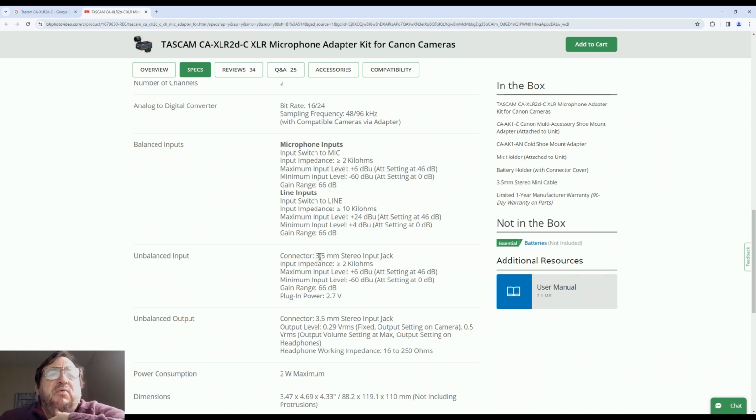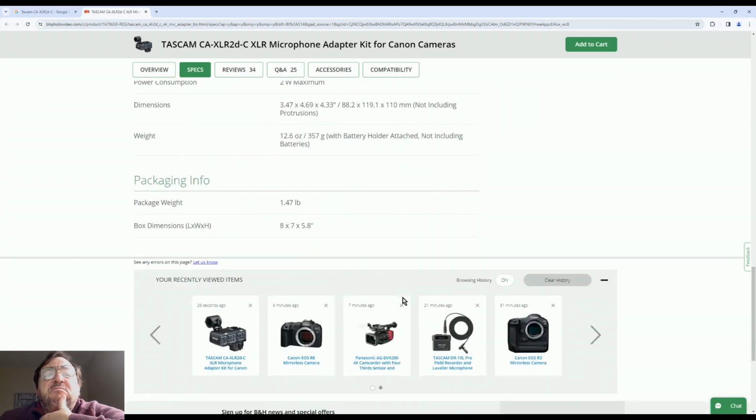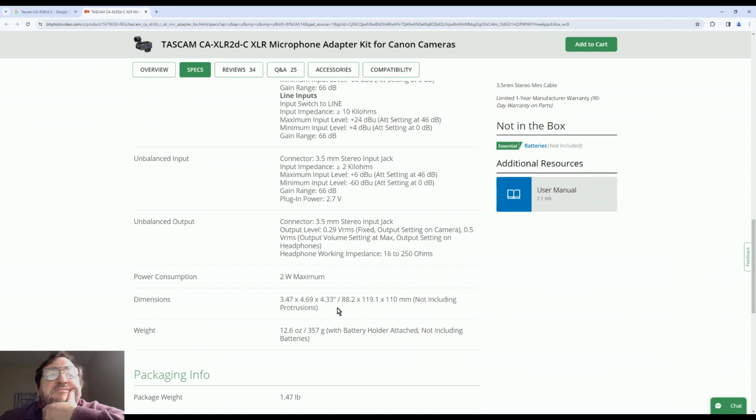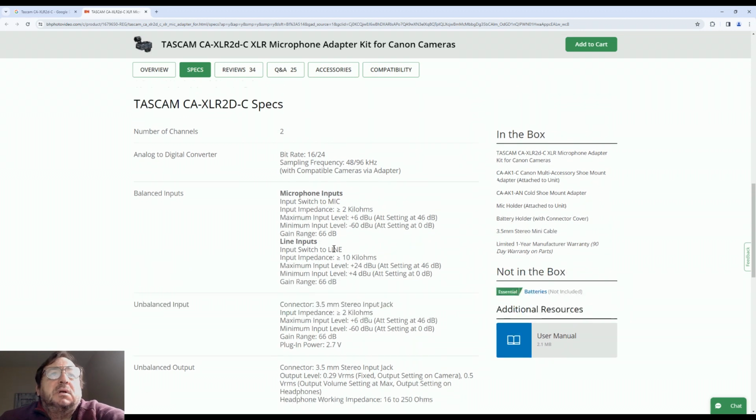Well, it has 3.5, so you can connect 3.5 to that one. Hmm. 3.5. Yeah, this one. Bitrate 16/24. So this doesn't have 32. So there is no reason to buy a 32-bit mic like the NT and connect to this 24.